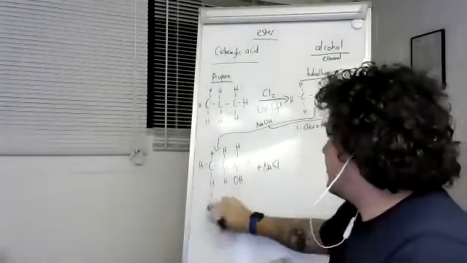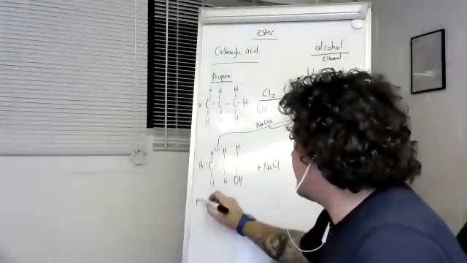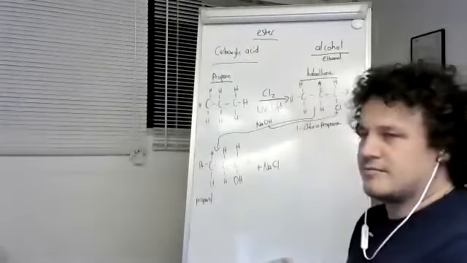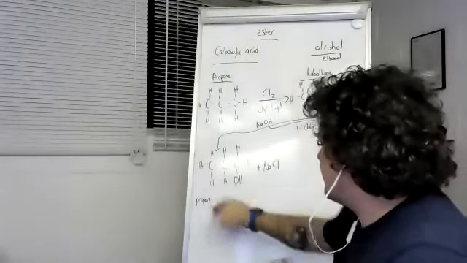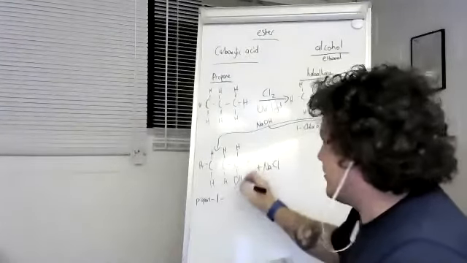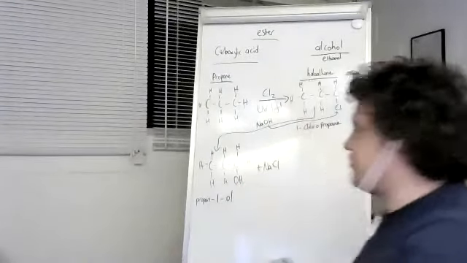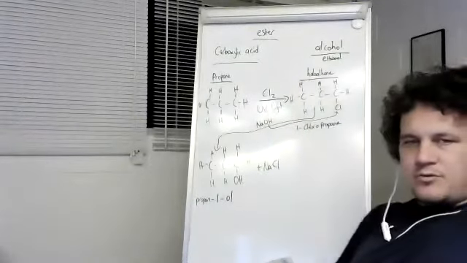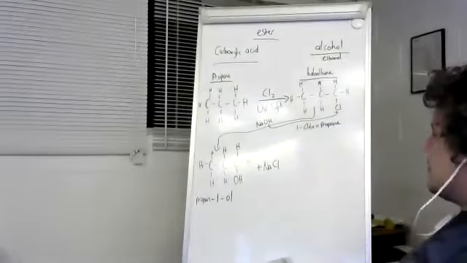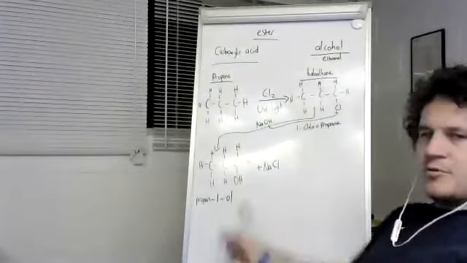So it's propan, because it's 3 carbons. It's coming off the first carbon, and then we call it ol. Propan-1-ol, or 1-propanol. IUPAC naming is propan-1-ol.